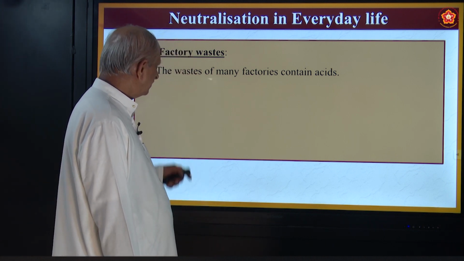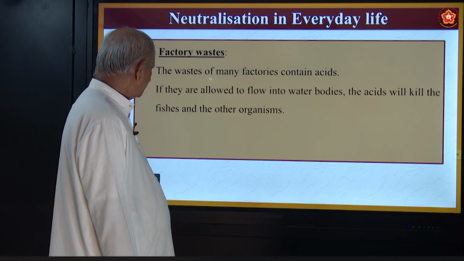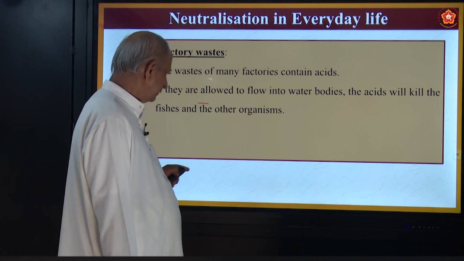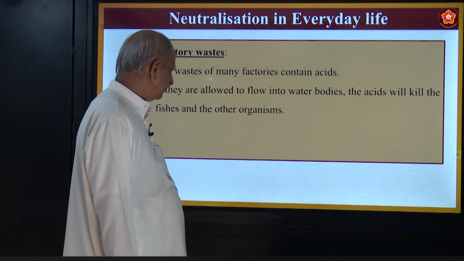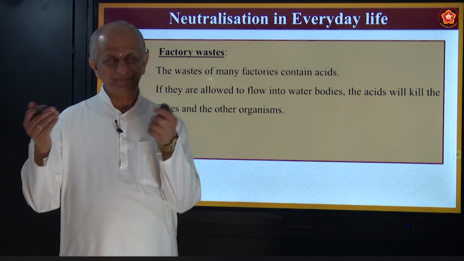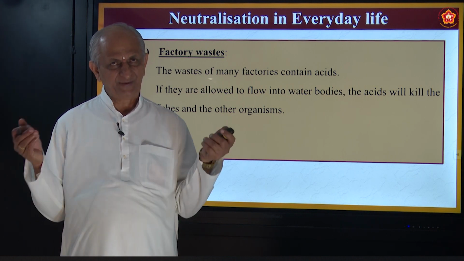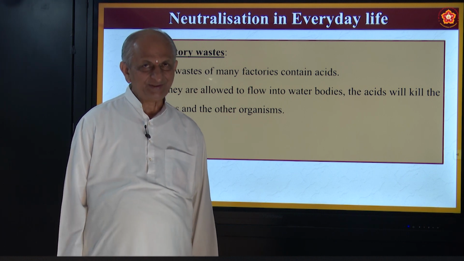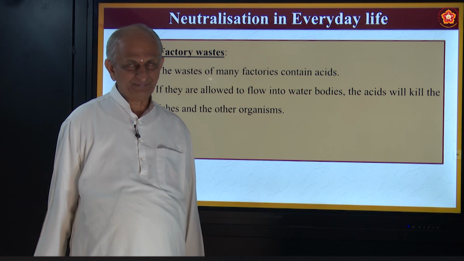The waste of factories contains acids. If they are allowed to flow into water bodies, acids will kill the fishes and other organisms. For example, if you go to Raichur, there is a place called Shaktinagar, a very big factory, which they call an industry, where coal is converted into electricity.